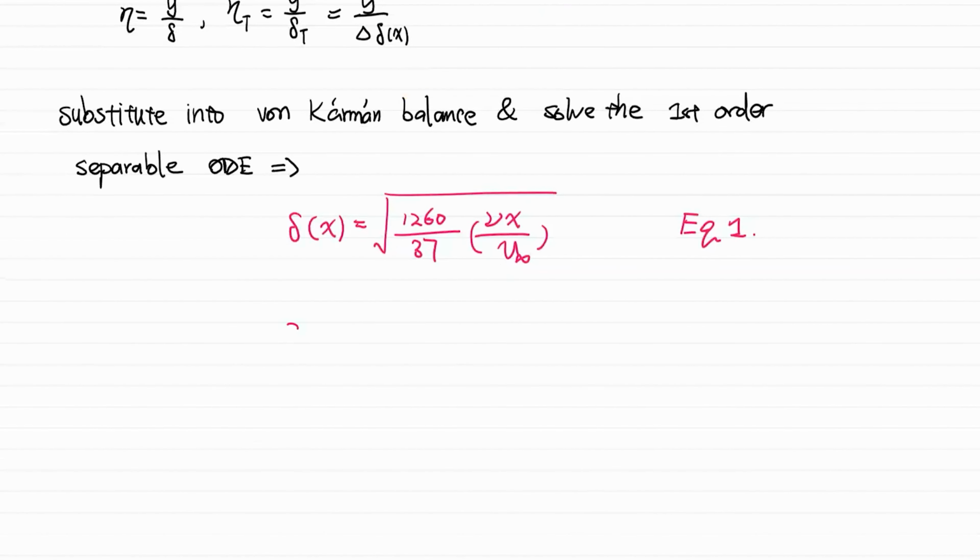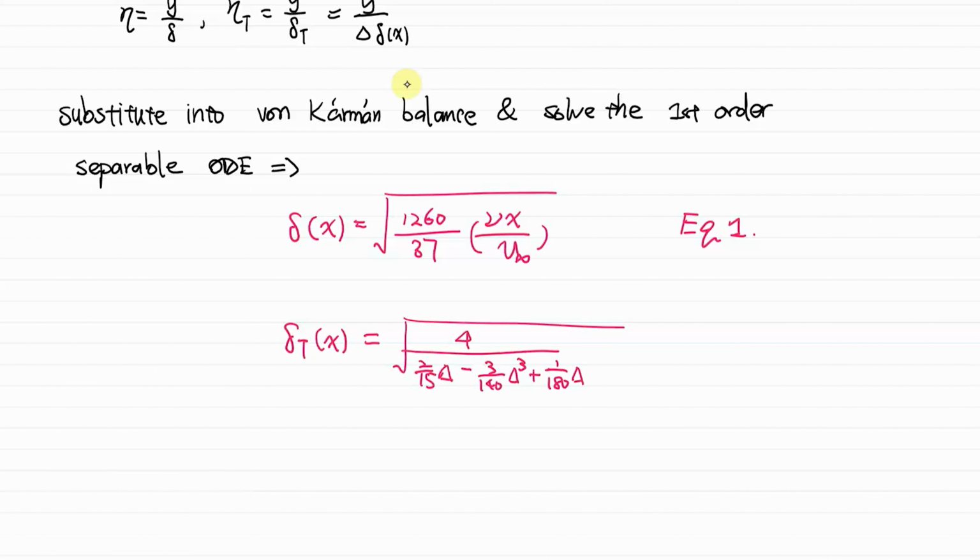And then the thermal boundary layer, delta sub T of x equals 2 over 15 capital Delta minus 3 over 140 cube of capital Delta plus 1 over 180 the fourth power of capital Delta, times alpha, thermal diffusivity, times x over V infinity. Let's call this equation 2.